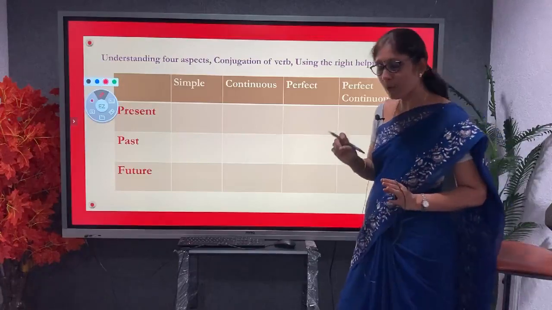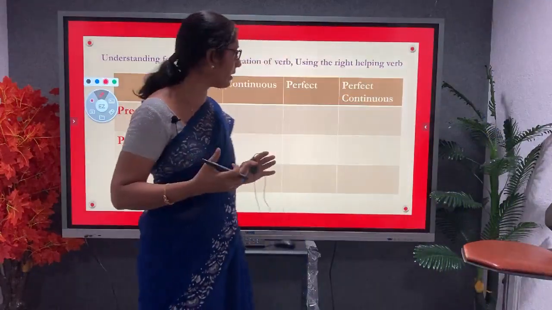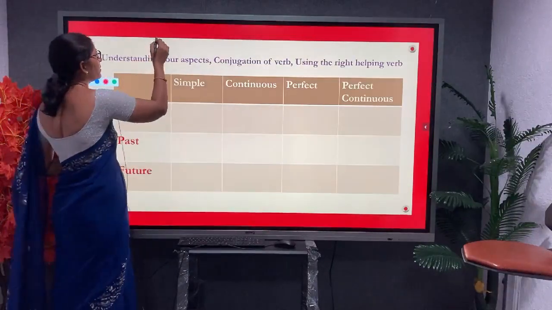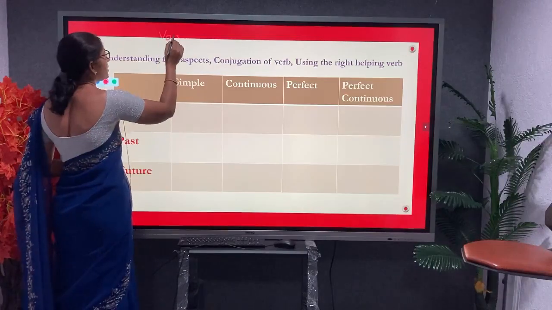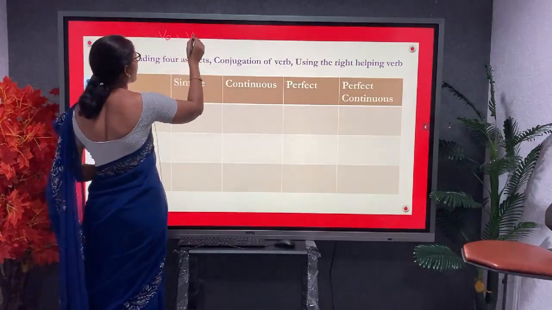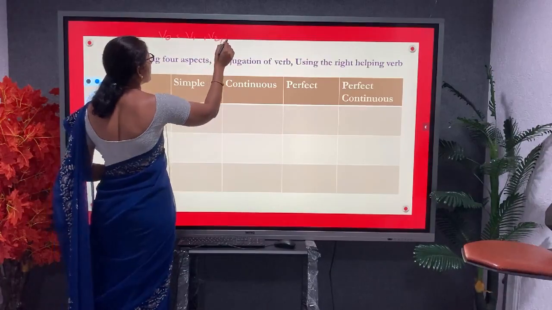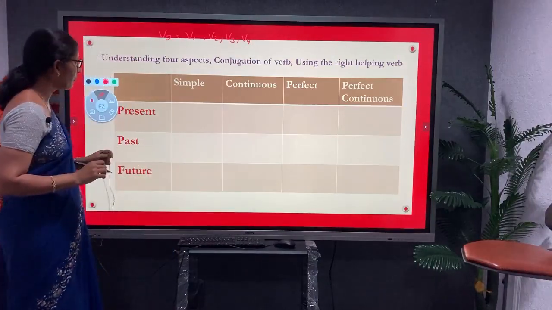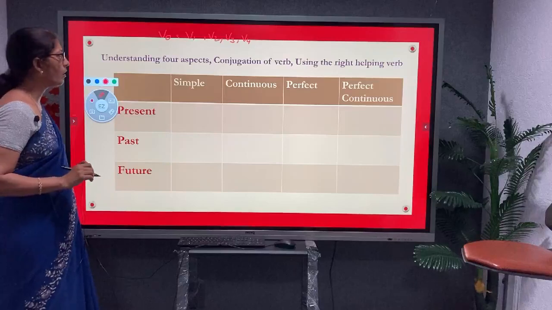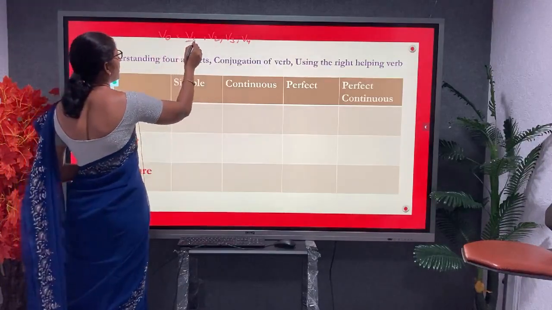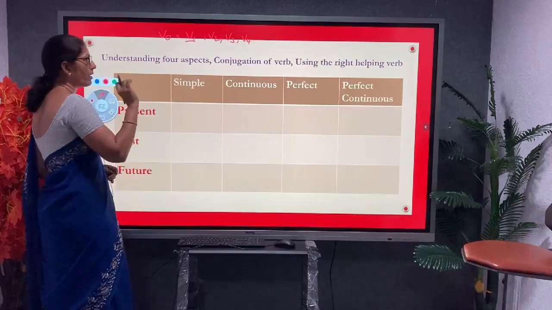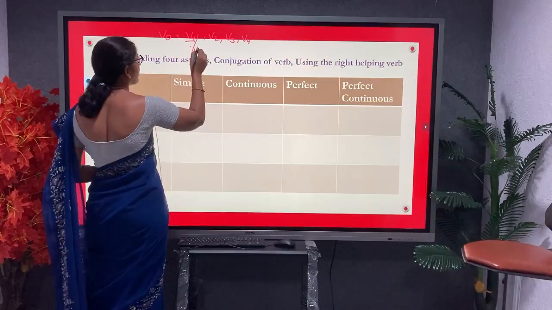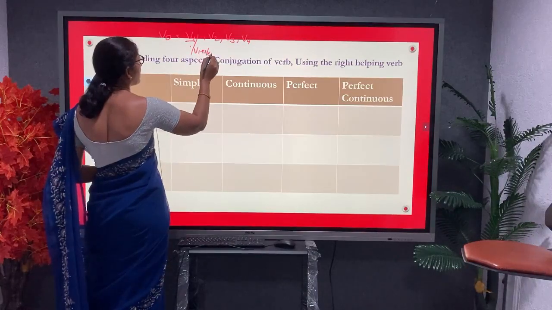Now let us see what verb form we need to choose, right. You know that verb conjugation, right, that means the base form is V0. We have V1, V2, V3, V4, right. For simple present tense, here V0 and V1 are the same, but we say V1 or V1 plus S or ES.